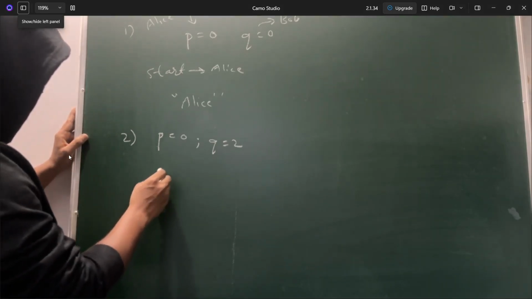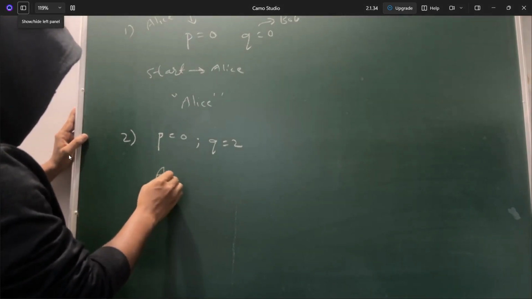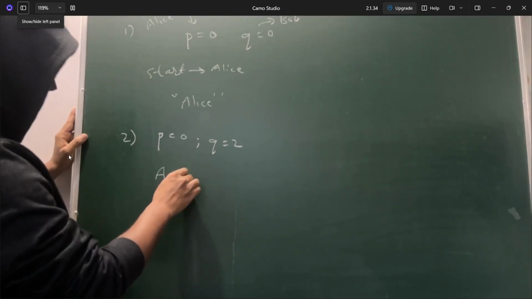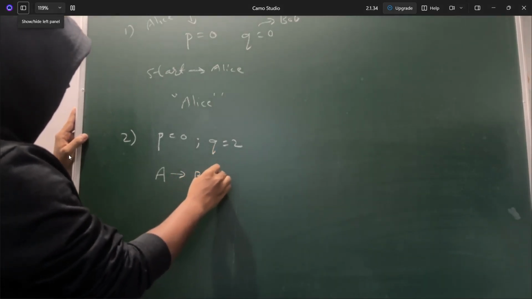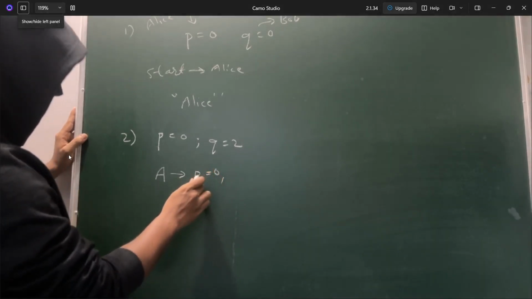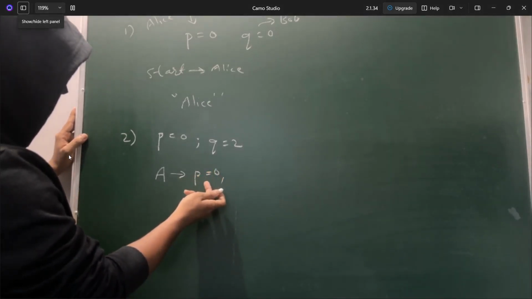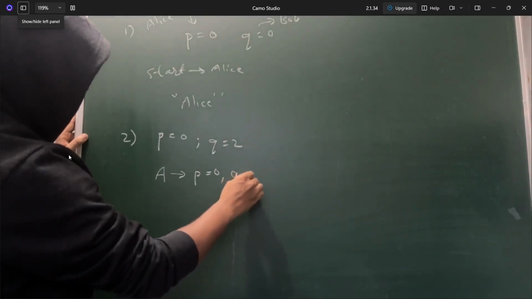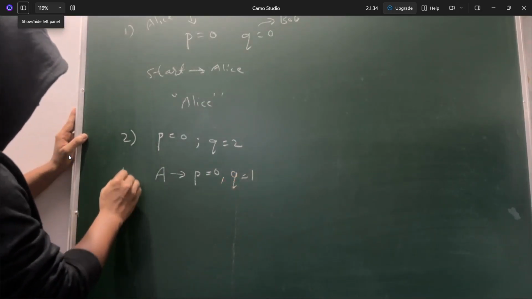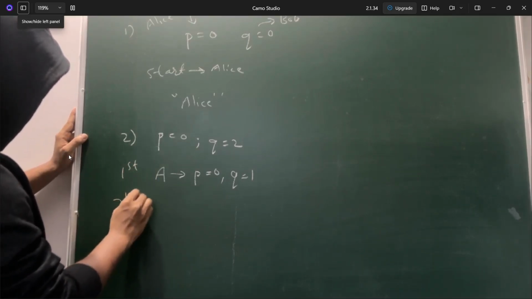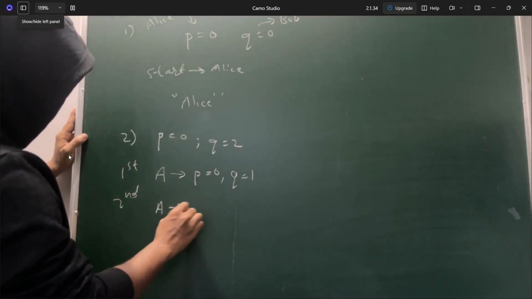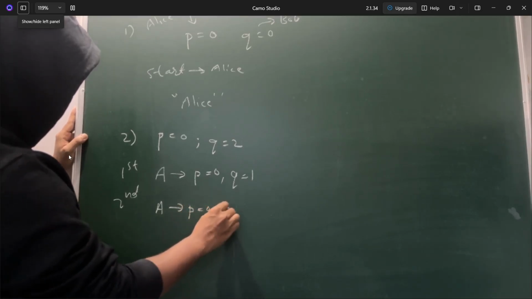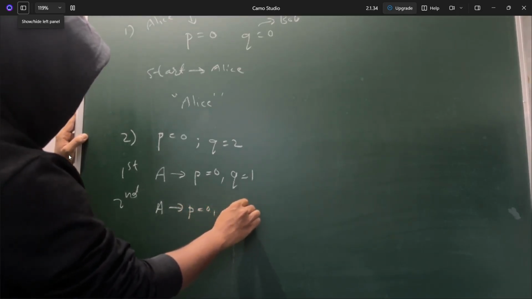Let's say the first serve will be made by Alice. I'll denote it as A. In this case, let's say P is 0, which means Alice has not won, but Bob has won. That's why Q will be 1. This is the first serve. Now in the second serve, Alice again, let's say she loses, so her point is 0, and Bob's point will be increased by 1.